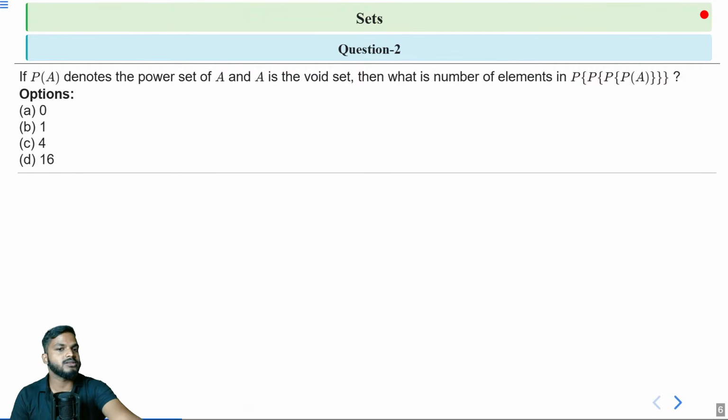We have to calculate the cardinal number for this set, and the given options are 0, 1, 4 and 16. So how can we calculate the cardinal number for a power set? We already know, if A is a set with n elements, then the number of elements in its power set is 2 to the power n. By using this formula, we can solve this problem.